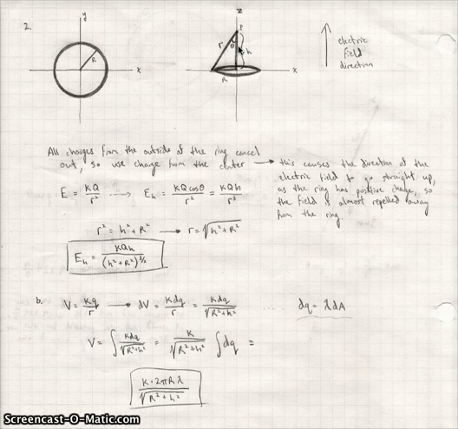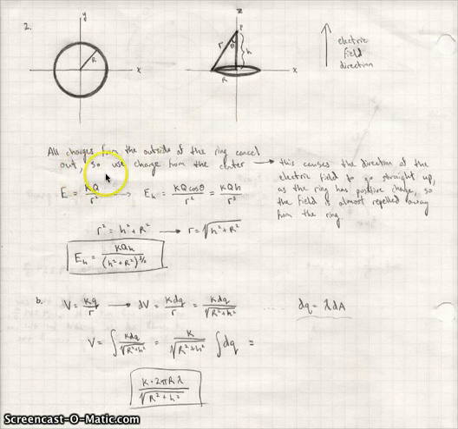So for part A, we are asked to derive the magnitude and direction of the electric field at point P. First off, all charges from the sides of the ring will cancel out, so it's essentially just going to be one charge from the center.